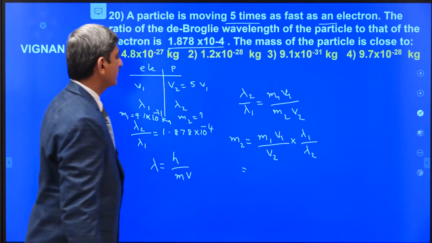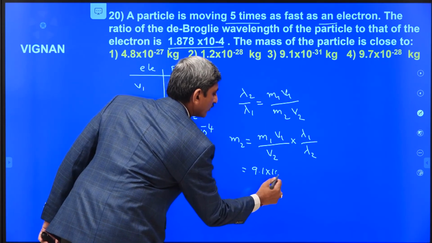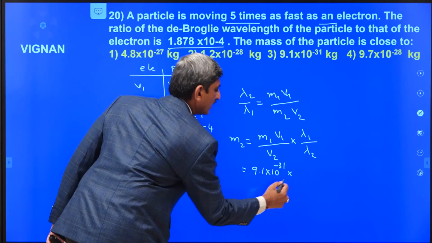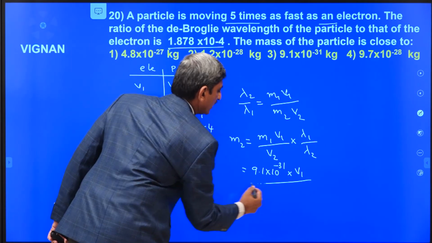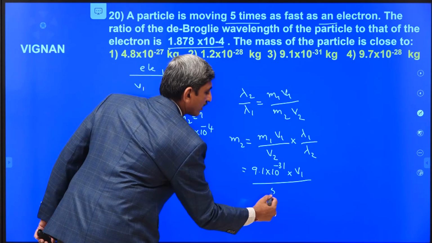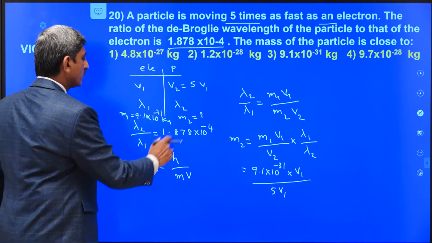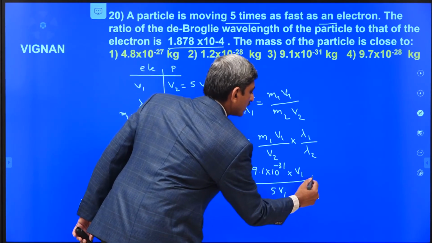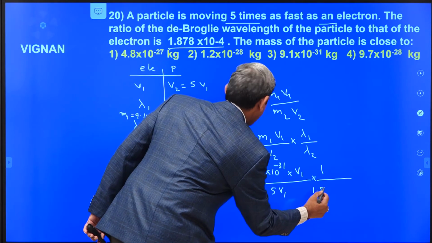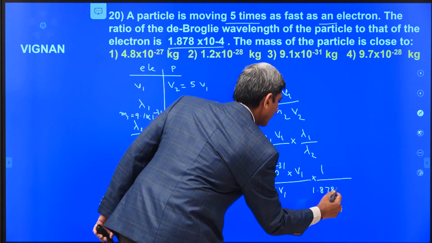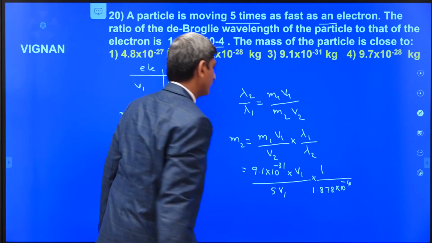What is m1? Mass of the electron, which is 9.1 into 10 to the power of minus 31 kg, into v1, the velocity of the electron, divided by v2, which is 5 v1, and lambda 1 by lambda 2 is equal to 1 by 1.878 into 10 to the power of minus 4.